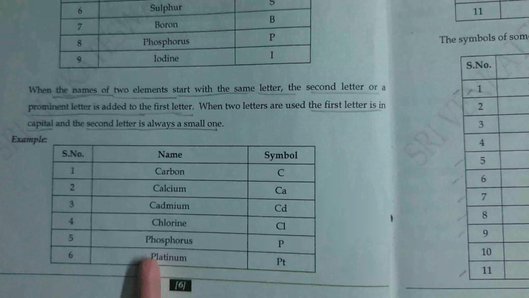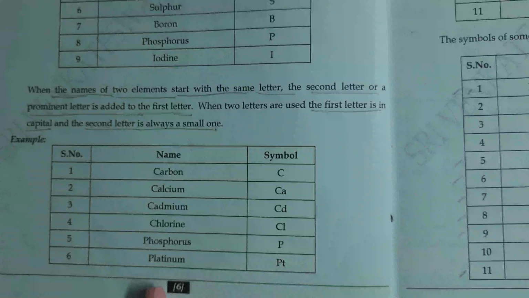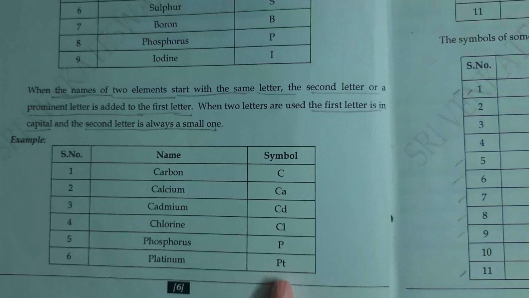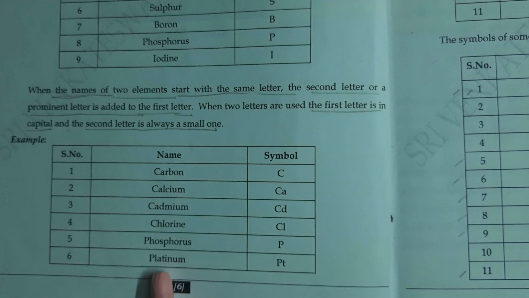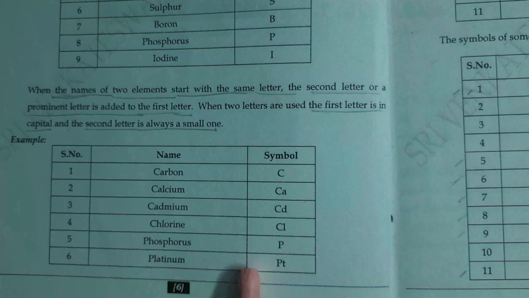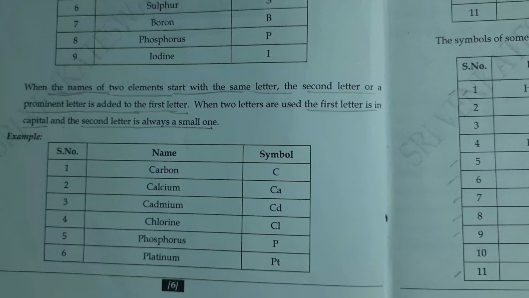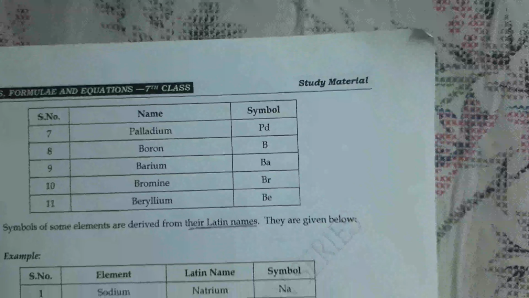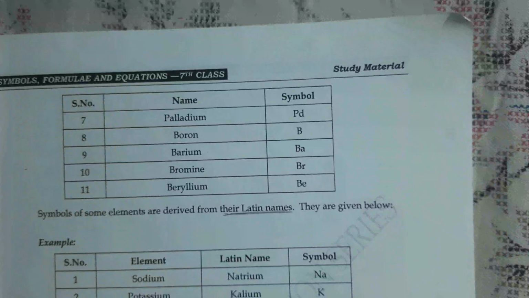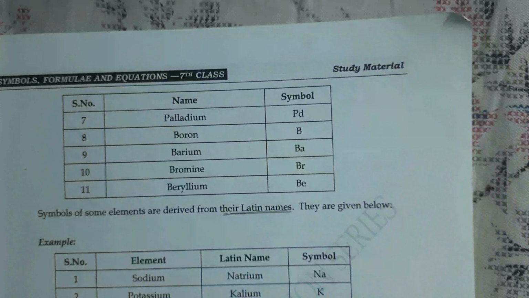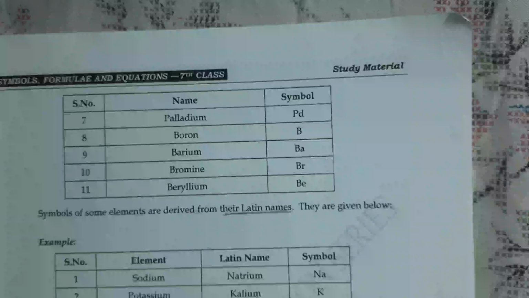Next, phosphorus is represented with P. Platinum is represented with Pt; here the second letter is not T, but T is the prominent letter. Like that, I am going to give some more examples later. A very important thing: you need to learn 30 elements up to 10th level.